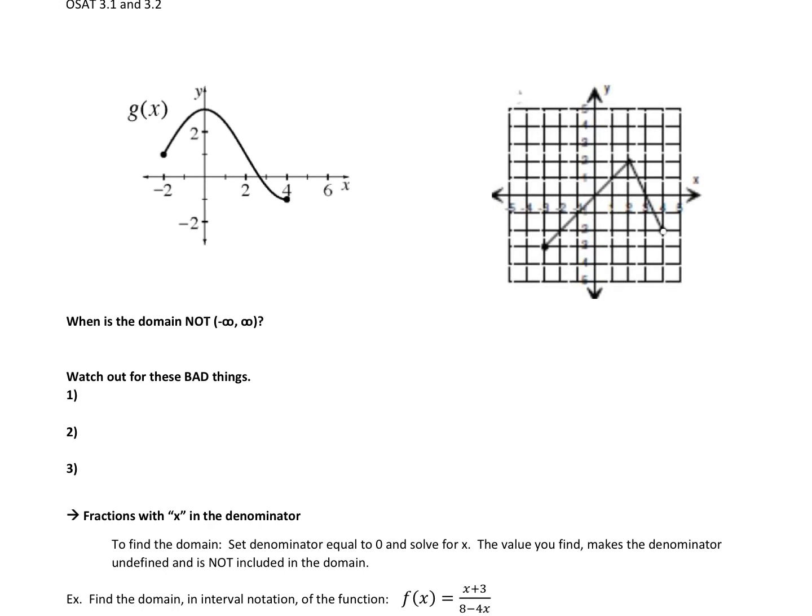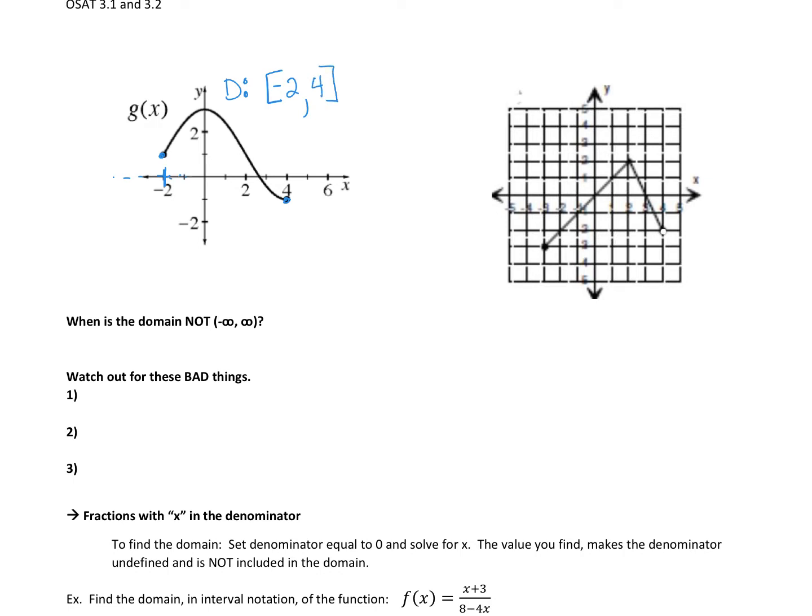I have just a few more examples here. For this first one, g of x, notice that we have these solid dots at the ends. When we're looking at our x-axis, we notice that we don't have any function values until -2, and we're going to stop having things at 4.